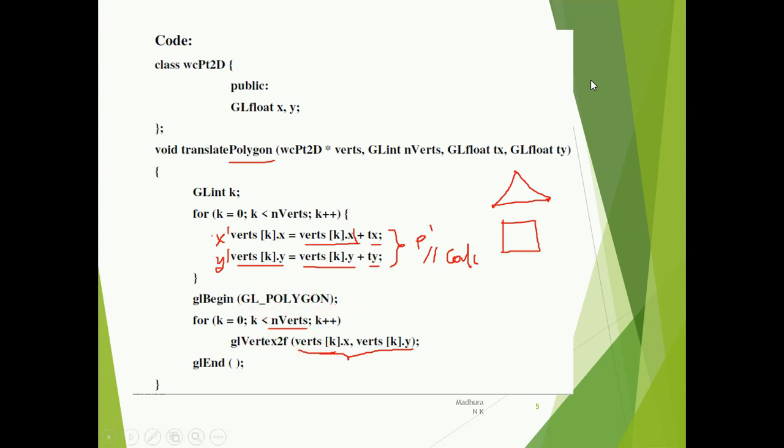Suppose if you are going to draw only points, that is if you are moving only points, then you will be writing GL_POINTS. That is the change you can write here in this particular parameter. Then glEnd, so glBegin has to end with glEnd.